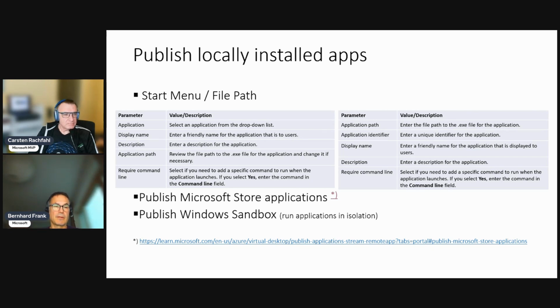The agents that are installed on the session hosts would look up your start menu, see which applications they find, and tell the Azure Virtual Desktop service, hey, if you want to publish applications, these are the ones that I find that you can publish, right?